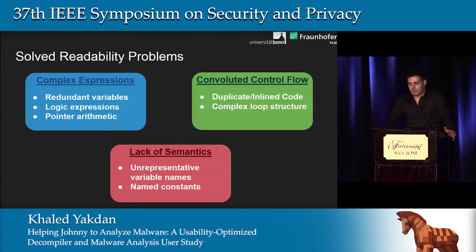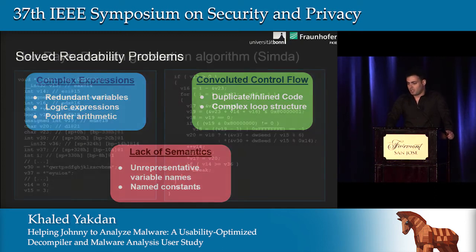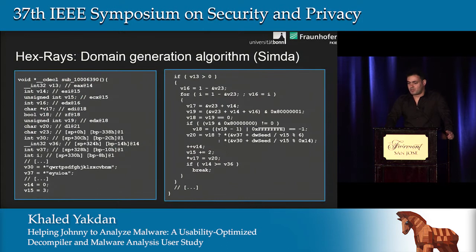To give you a feeling for these problems, here's an example which shows the decompiled code for the domain generation algorithm of the Simda malware as generated by the Hex-Rays decompiler, which is the industry standard used by most malware analysts.